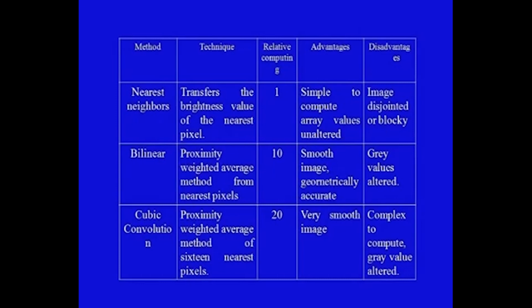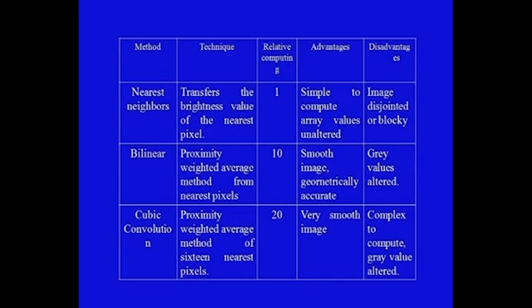The next method, bilinear, is a proximity based weighted average method from the nearest pixels. The complexity in terms of computing relative to nearest neighborhood is 10 times. The advantage is that the image is smooth and geometrically accurate. However, in this particular process, the brightness values or the gray values of the original image may get altered.